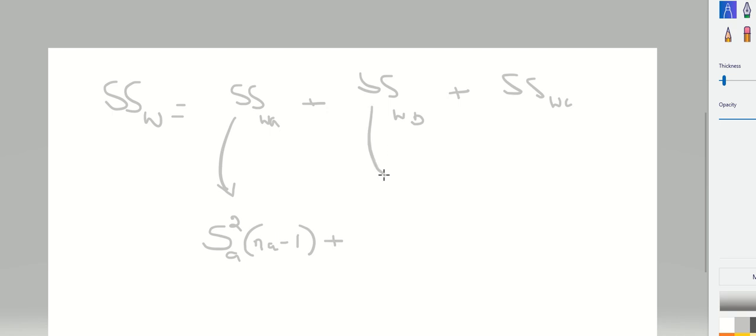And you also take the standard deviation of group B, you square it, and you multiply it by the degrees of freedom, meaning the number observed in group B minus 1, and so on and so forth.